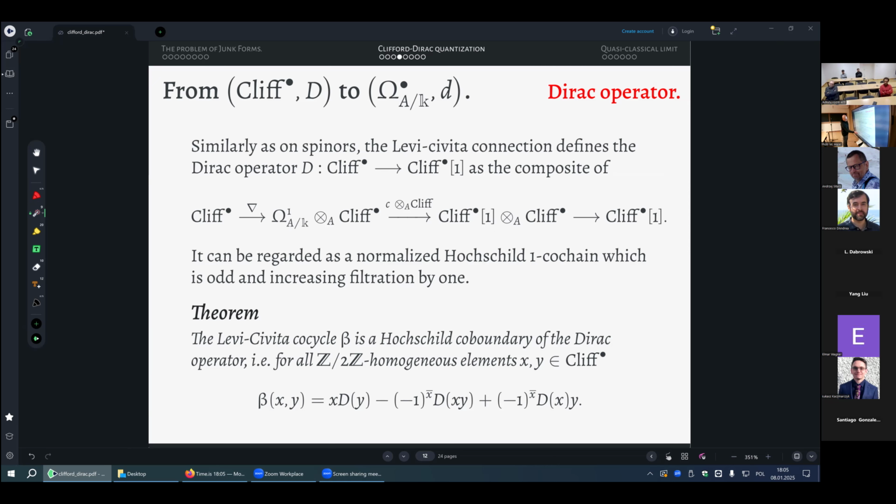So D increases by 1, but this combination decreases by 1. So there is some shift by 2, which is compatible with all this nuance about the relationship between this filtration and grading, the little grading.